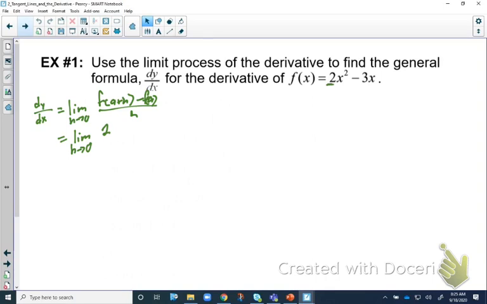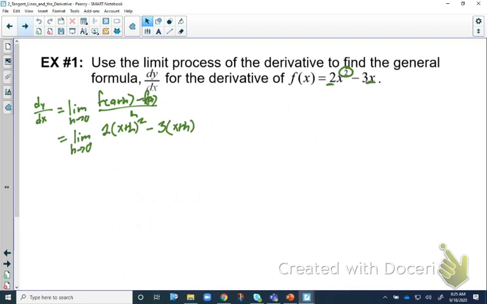And wherever I have the x, I'll put x plus h, because we're used to thinking of the inputs in terms of x. And that value has to be squared, because the x term is squared in the function. Then minus the 3, and I'm going to substitute the same thing, x plus h, in here.